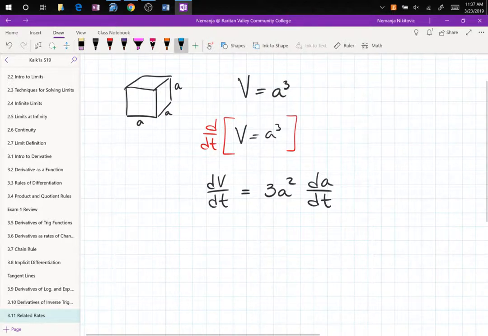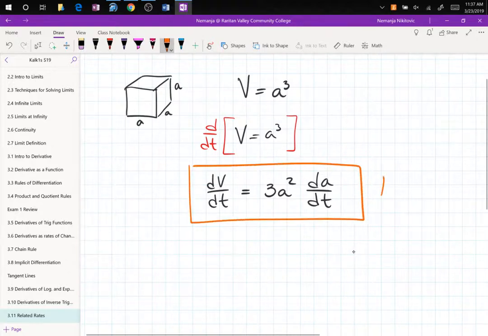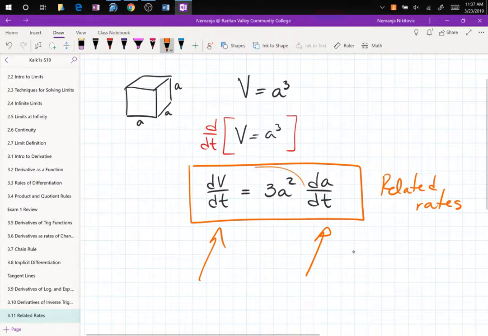And this formula here is related rates. Because you have two rates, rate number 1, rate number 2, that are related with the rest of this stuff that is in there.